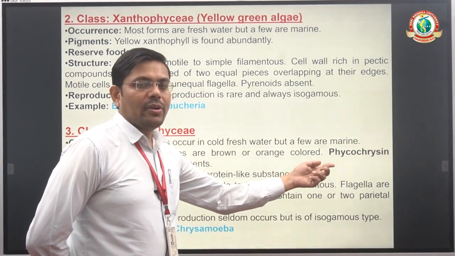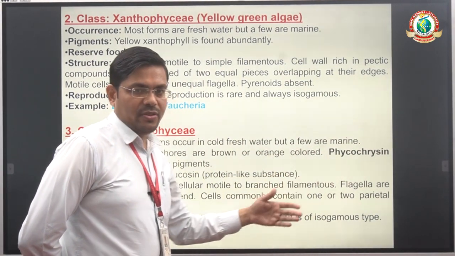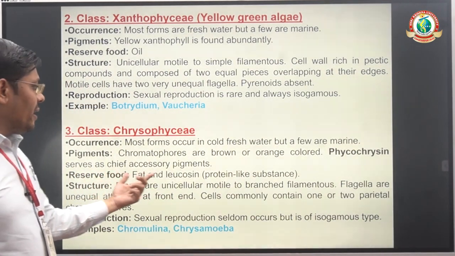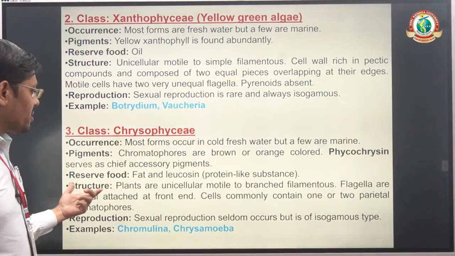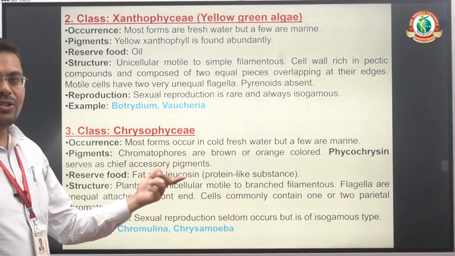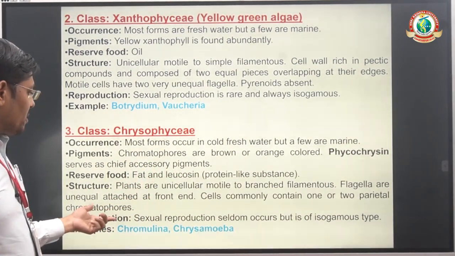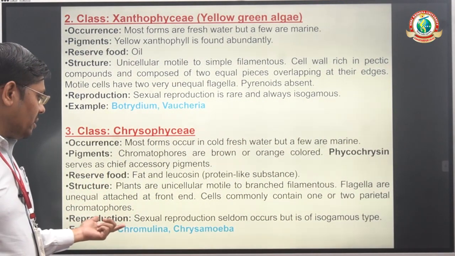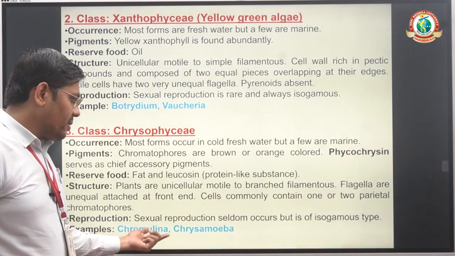So it is a very important question for NEET and other competitive examinations. The reserve food material is fat and leucosin. Structure is unicellular motile to branched filamentous. Reproduction is sexual, which may be isogamous type, and examples are Chromulina and Chrysamoeba.